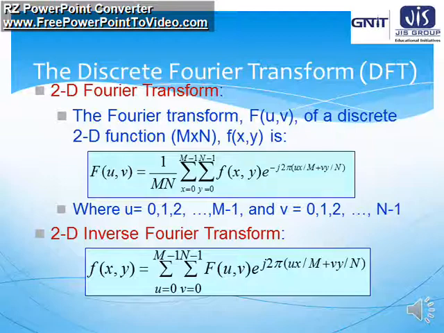Now the 2D inverse Fourier transform has also been given here as f(x,y) equals summation of u equals 0 to M minus 1, summation of v equals 0 to N minus 1, capital F(u,v) into e to the power j2 pi (ux by M plus vy by N).